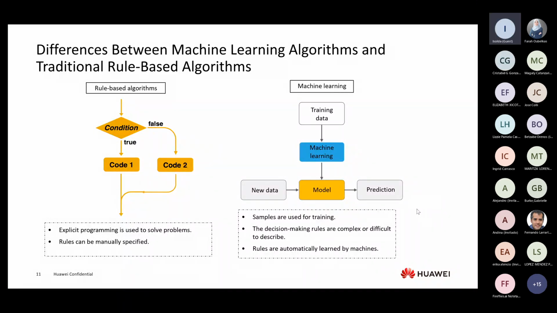I remember you said something about the length of the code. Yes, that's one of the inconveniences of using a traditional system.